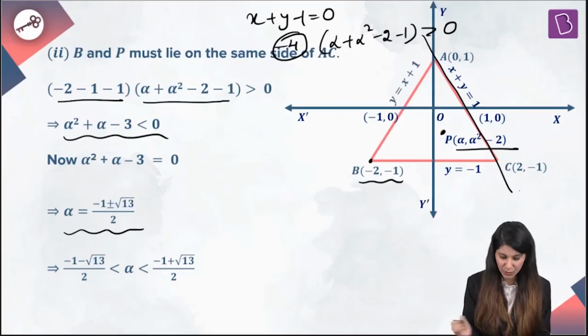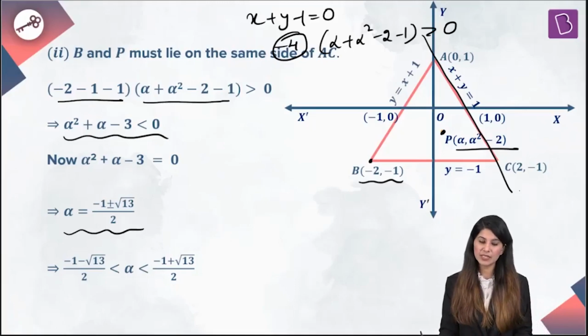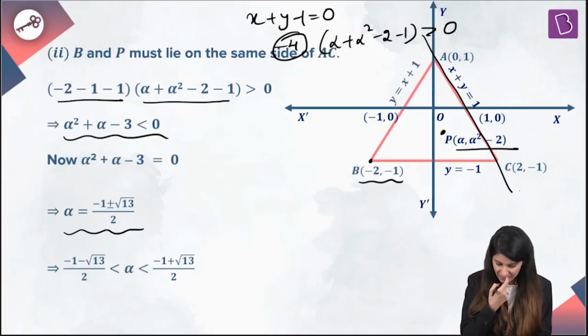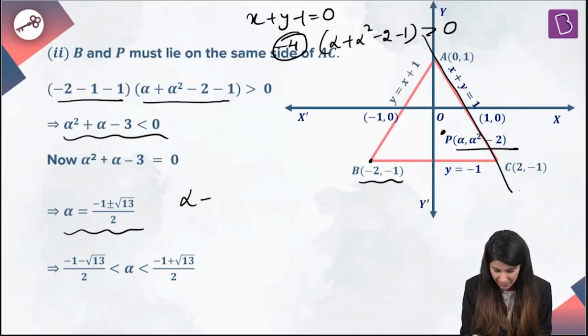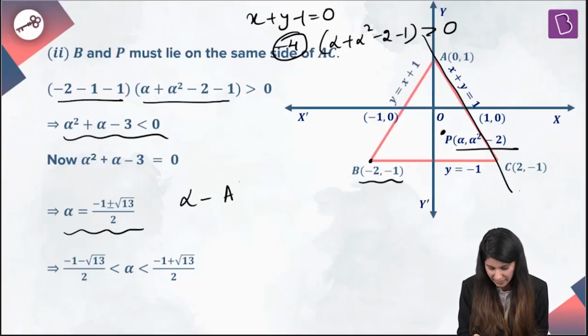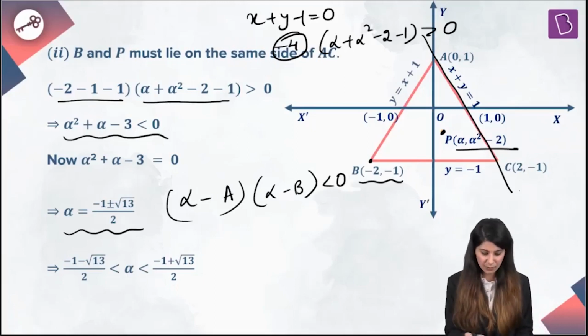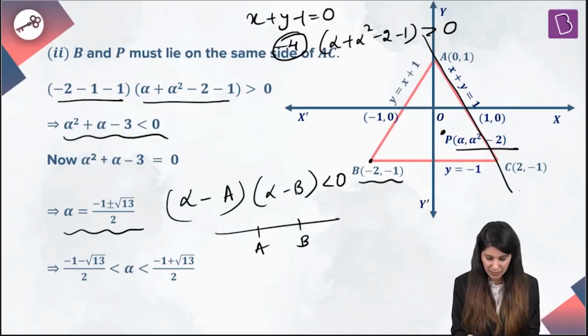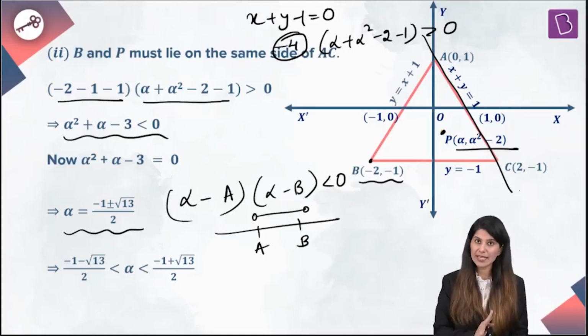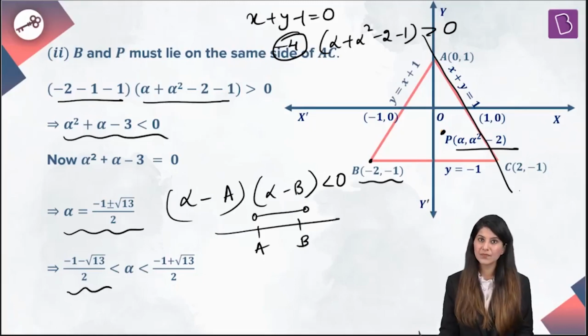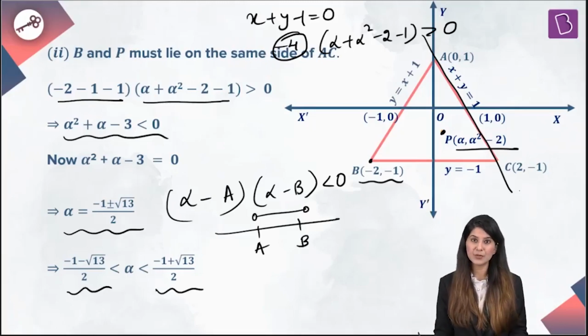So there will be 2 roots: minus 1 plus minus root 13 by 2. Okay. So that simply means alpha minus the first root, let's mark it as A, times alpha minus the second root is less than 0. Right? If you plot this from A to B, you'll get your answer, where A is the smaller root and B is the bigger root.